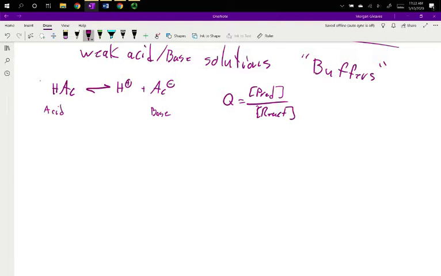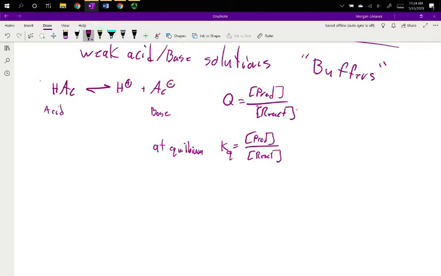Realistically, whatever the amounts are have always adjusted until you've reached equilibrium, so they're always at equilibrium. KEQ is the same idea. It's still my products over my reactants, just the amounts have changed until the rates forward and backward were equal.